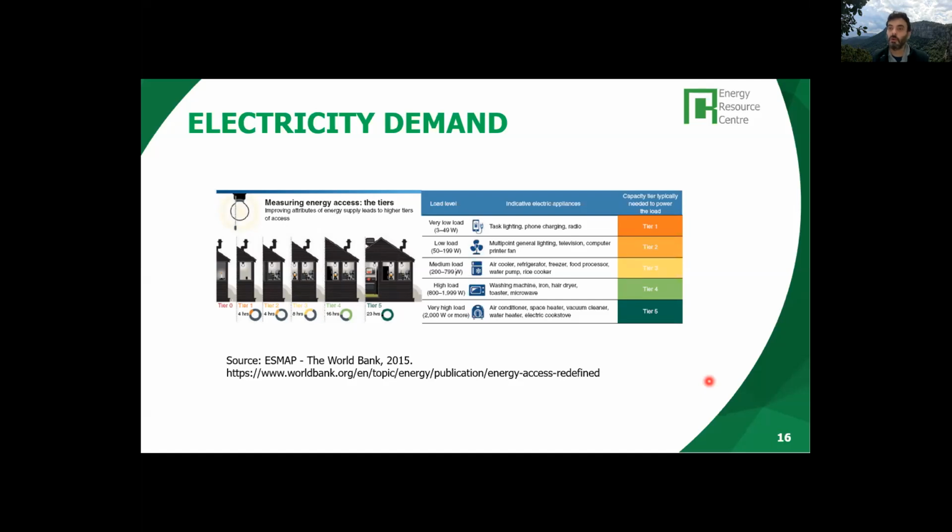Tier 0 would be no access. So 5 levels of electricity consumption, from very low, low, medium, high, very high. Different tiers, depending on the kind of appliances that are used in each tier.